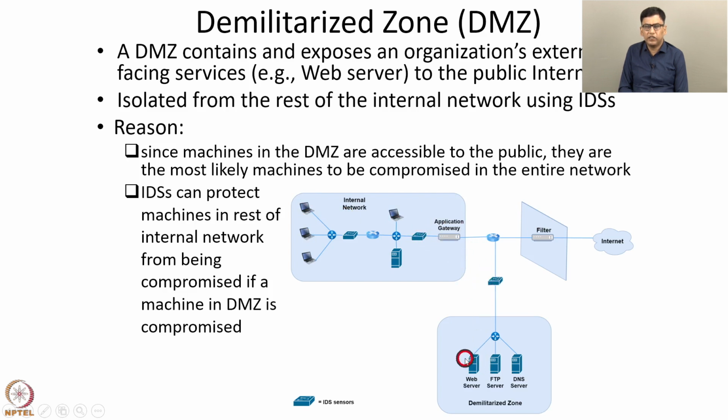So the infection does not spread from the demilitarized zone to the high security region because of the presence of these IDS sensors, this one and this one. So that's the reason for having IDS sensors at the boundary between the demilitarized zone and the high security region.